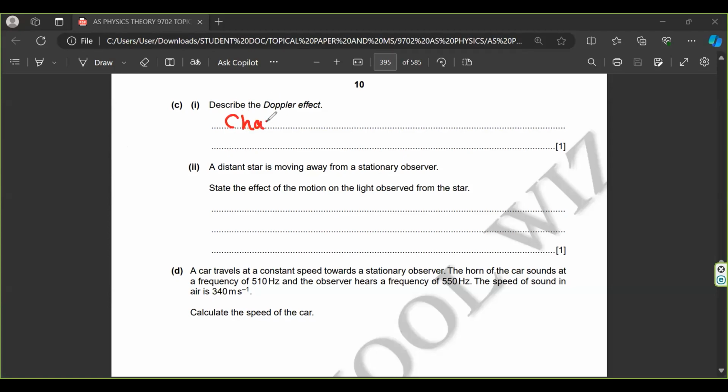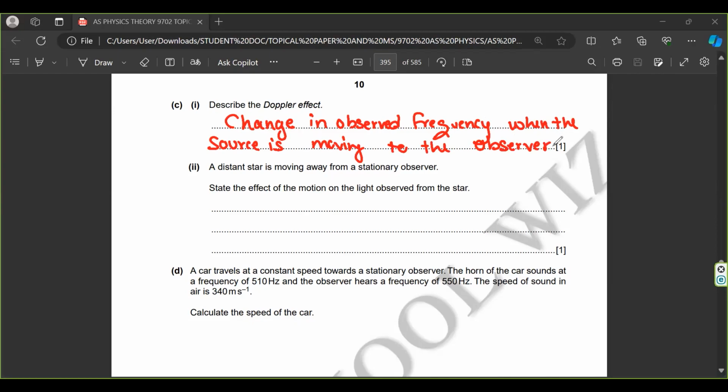So, a change in observed frequency when the source is moving relative to the observer.